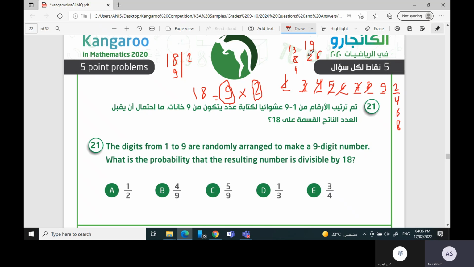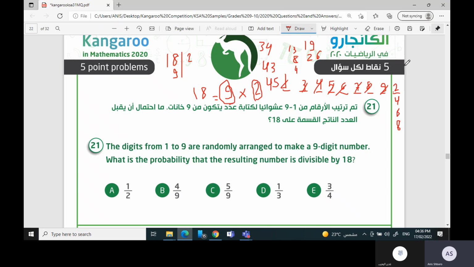Plus 8 is equal to 34. And plus 9 is equal to 43. And now finally, plus 2 is equal to 45.